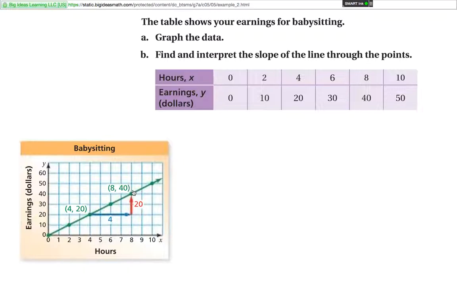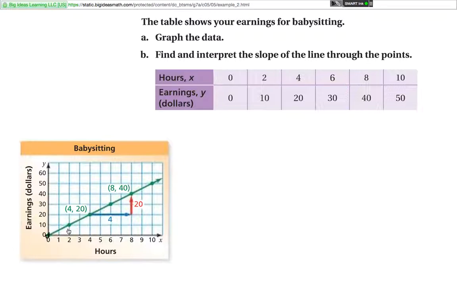In this example, you can take any of these points, just like before. Preferably, I would use 0, 0 just because it makes it easier. Let's just make it easy and do 0, 0 and 2, 10. So what is the change between those 2 points?